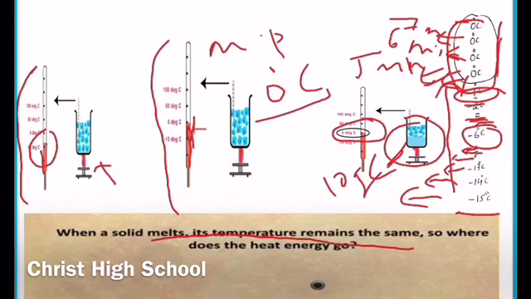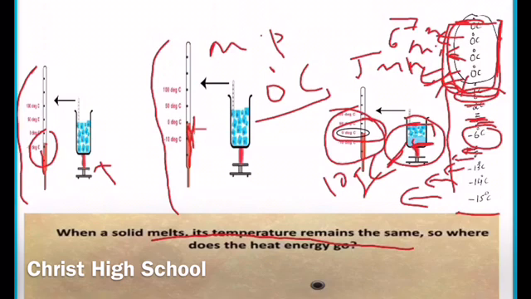Initially the ice cubes at the bottom of the beaker will melt and form water, but the ice cubes on the upper area of the beaker will not melt initially. So it takes time. For example, if the entire ice needs 10 minutes to melt into water, till 10 minutes the temperature on the thermometer will remain constant, that is 0 degrees Celsius.